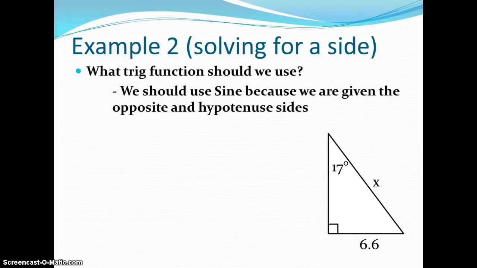So if we have our 17-degree angle, we have our opposite side, which is 6.6 because it's opposite the angle, and then we have our hypotenuse, which is x because it's opposite the right angle, and it's the longest side of the triangle. So we have opposite and hypotenuse, so we're going to be using sine, S-O-H.